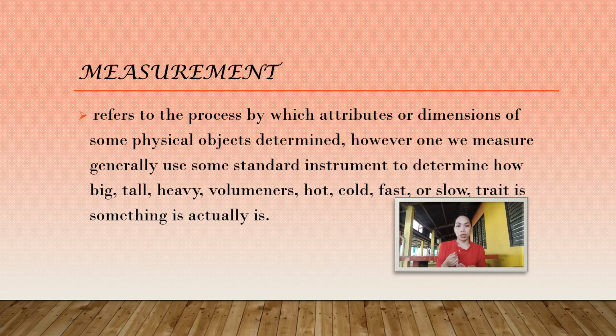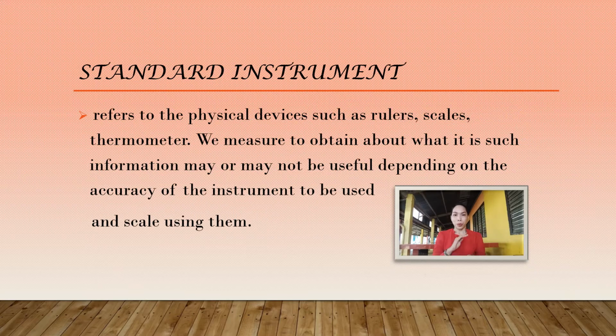However, one generally uses some standard instrument to determine how big or tall, heavy or voluminous, hot or cold, fast or slow, straight something actually is. Standard instruments are physical devices such as rulers, scales, and thermometers.